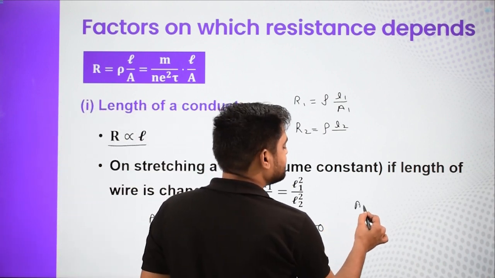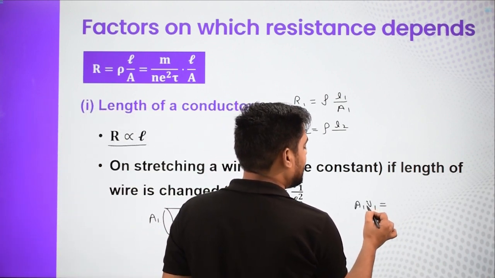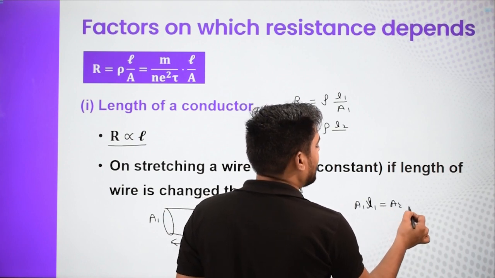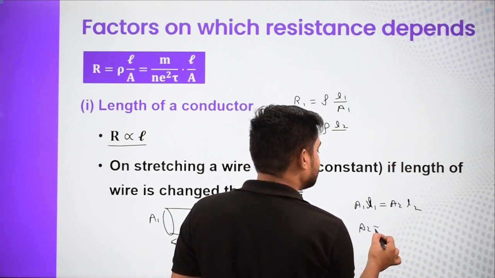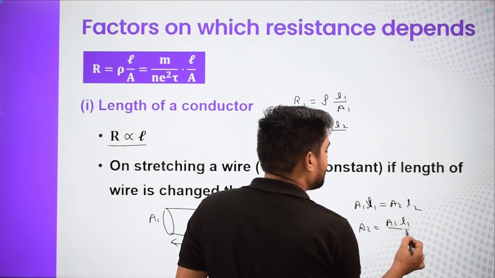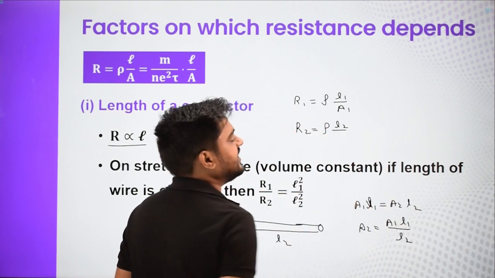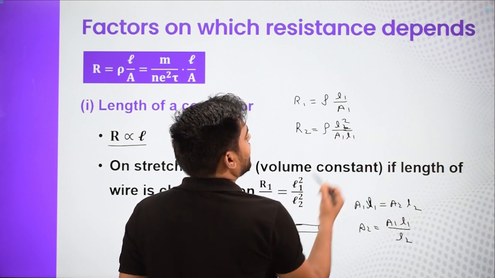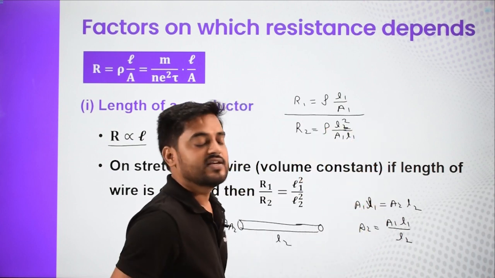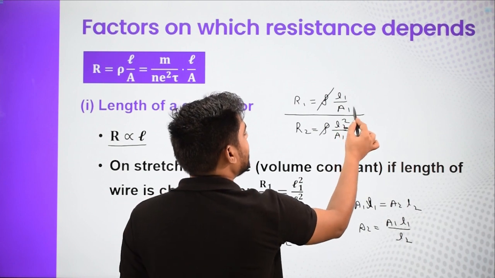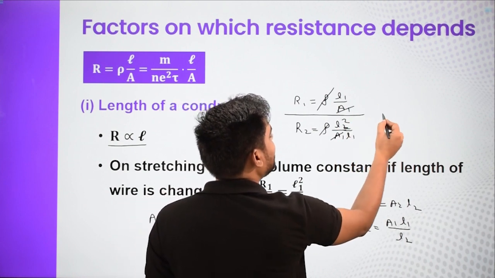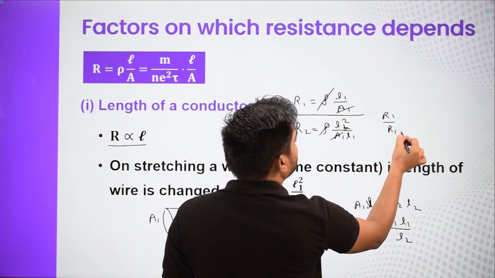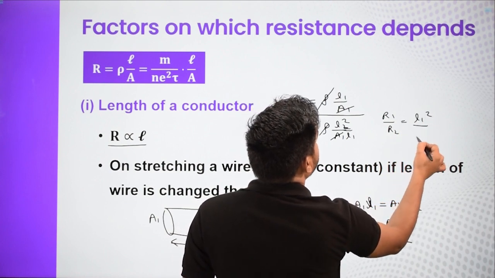So A1 L1 must be equal to A2 L2. That gives A2 equal to A1 L1 by L2. Let's insert our A2 over here, so that is A1 L1 by L2. Now let us divide. Rho is cancelled, A1 gets cancelled, this L1 goes above, and we get R1 upon R2 is equal to L1 squared by L2 squared.